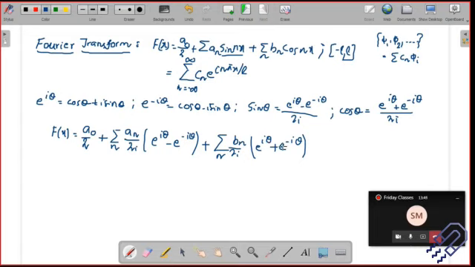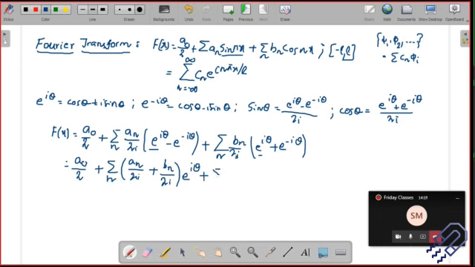So we have this relation now, and we can just combine the terms together. So we can write a naught divided by 2 plus summation n, and then I can take it to be a n by 2i plus take this e to the power i theta and e to the power i theta together. So this will be b n by 2i, and then this will be e to the power i n theta.